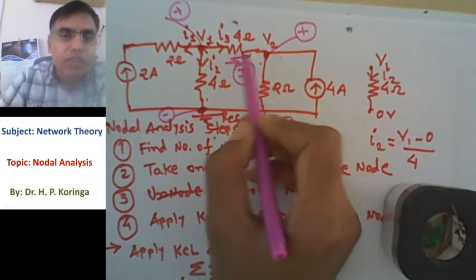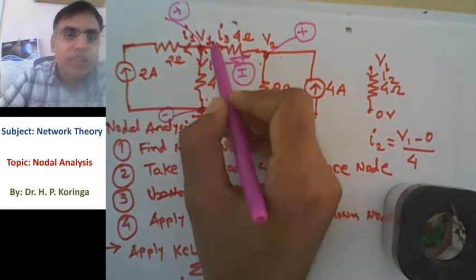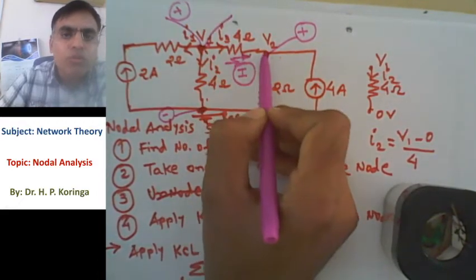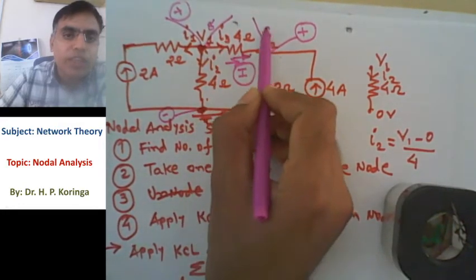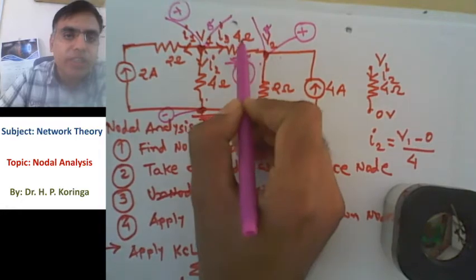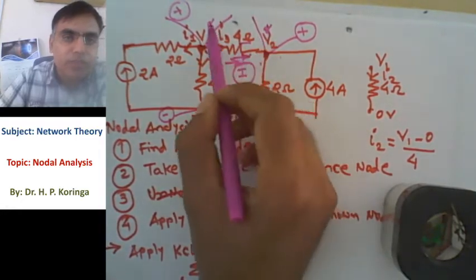So how to find this I using nodal analysis? In that case, we have to take the difference of these two voltages. Here is 8 volt and here is also 8 volt. So 8 minus 8 divided by 4 is the current.